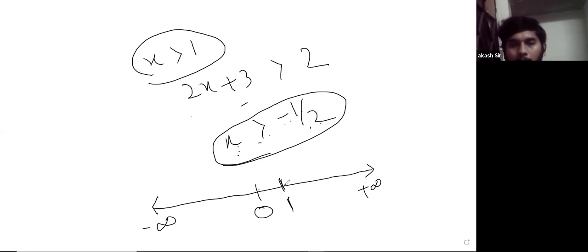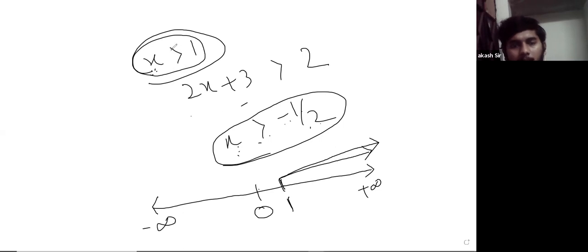So the numbers greater than 1 are on the right side of this number line, right? Yes, sir. So whenever there is a statement like this, x is greater than 1, this represents all the numbers that are greater than 1.